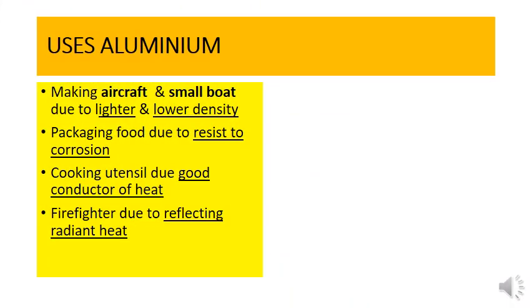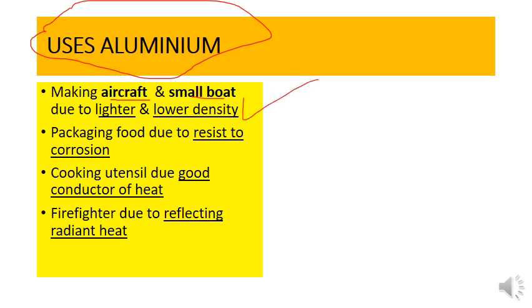Before we go to group 14, we are going to see some uses of aluminium. Aluminium is used in making aircraft, airplanes and small boats, due to its lighter weight and lower density.